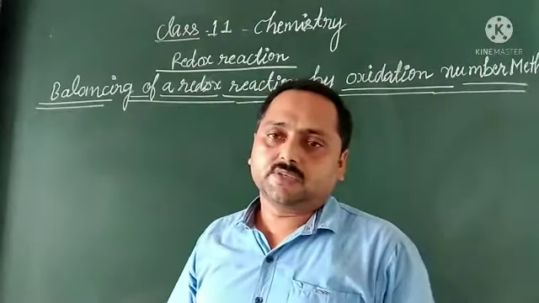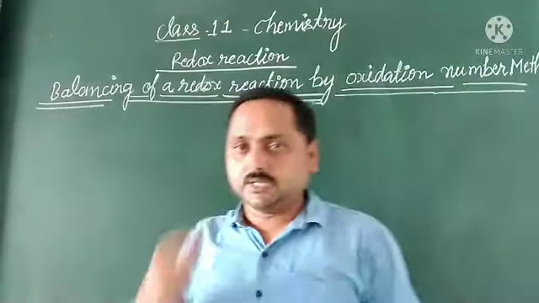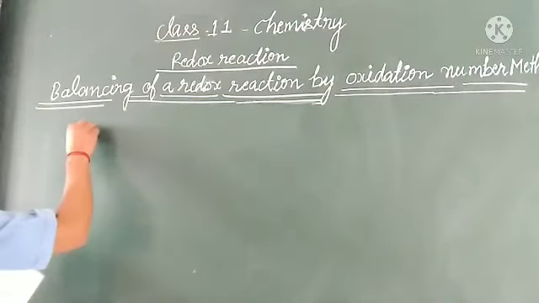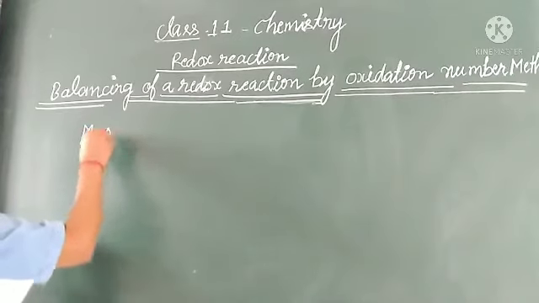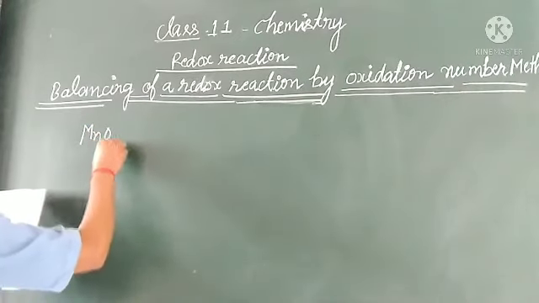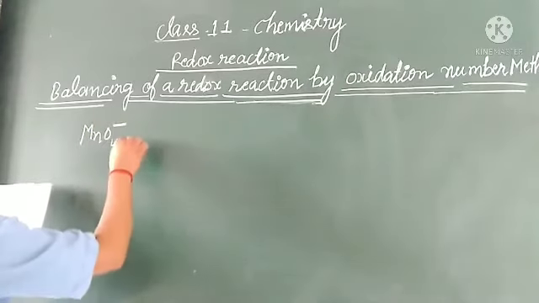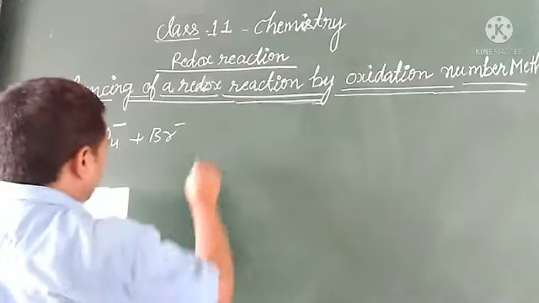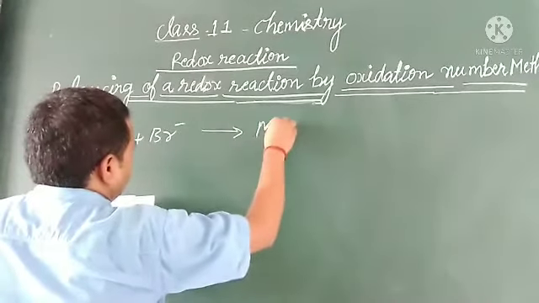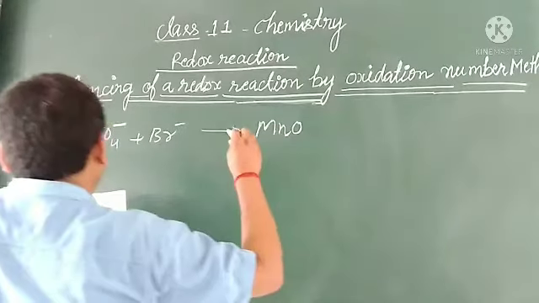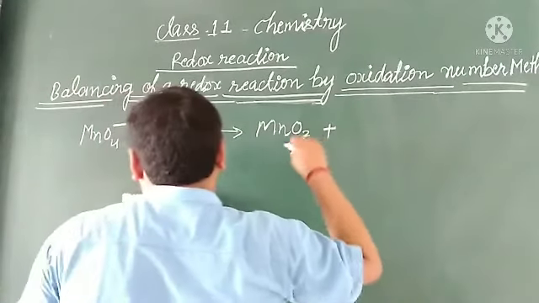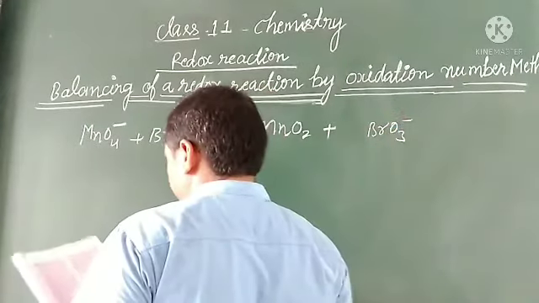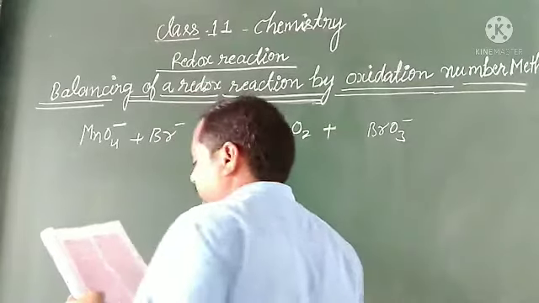So for this, first we have to write the reactant and product. The equation is MnO4 minus plus bromide ion, and it gives manganese dioxide, MnO2, plus BrO3 minus.